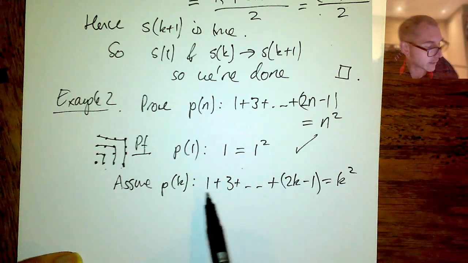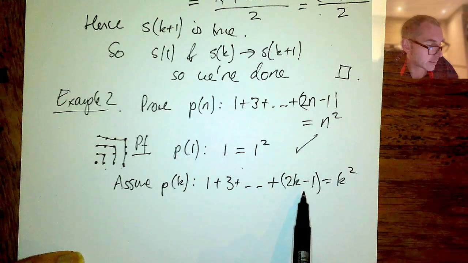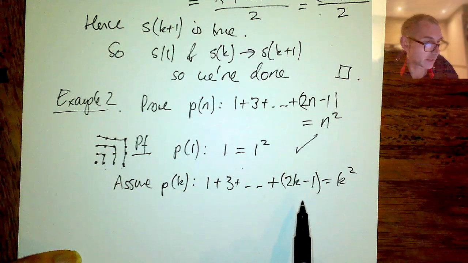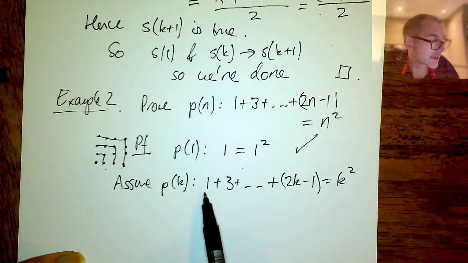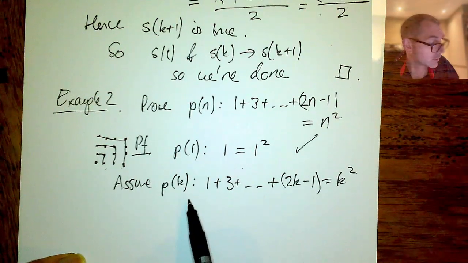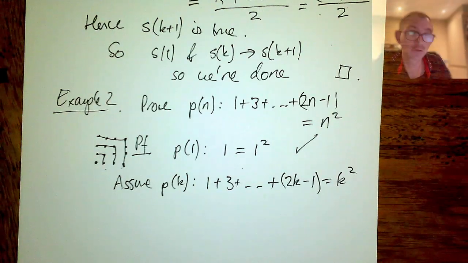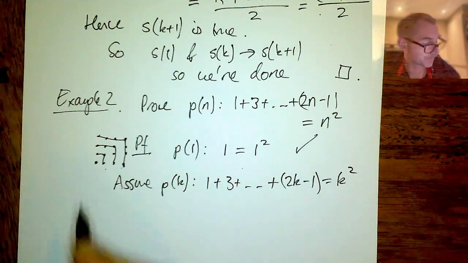So again, I need to think, how can I modify the left-hand side so it looks like what I want it to? Well, I just need to add the next odd number in. So the next odd number after 2k minus 1 is 2 more than it, so it's 2k plus 1.